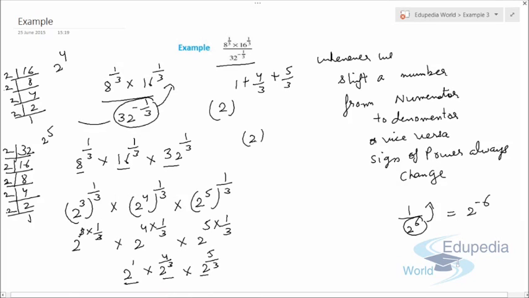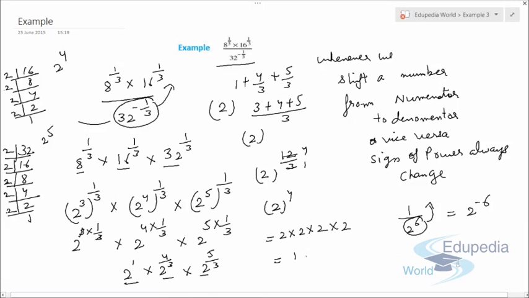Again it will become 2 raised to power, you can take 3 as LCM, so it will become 3 plus 4 plus 5, so it will become 2 raised to power 4 plus 3 is 7, 7 plus 5 is 12, so 12 upon 3. So this will cancel out, 3 fours are 12, so it will be 2 raised to power 4, which is 2 into 2 into 2 into 2, so the answer will be 16. So this is the final answer.